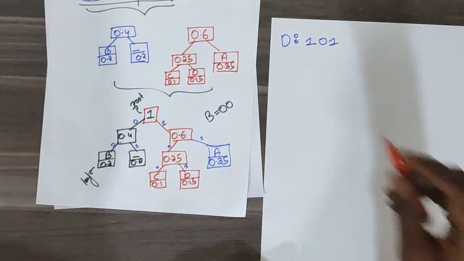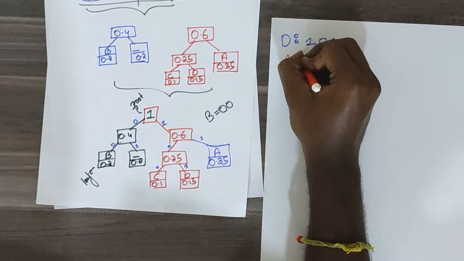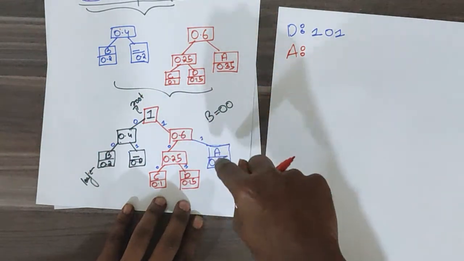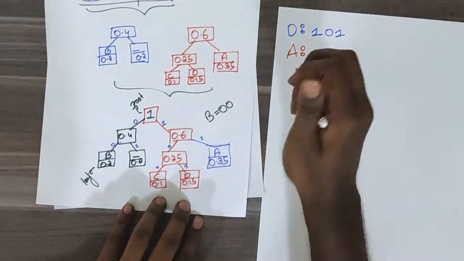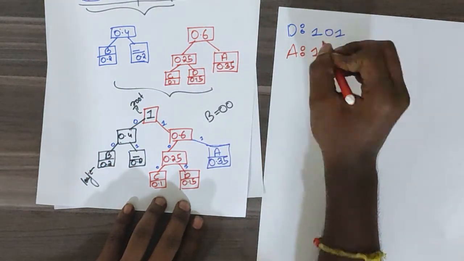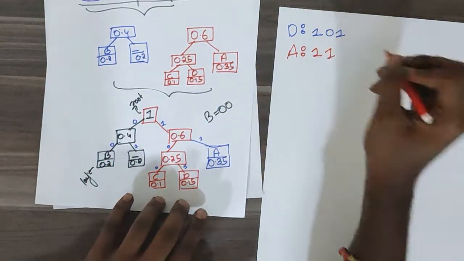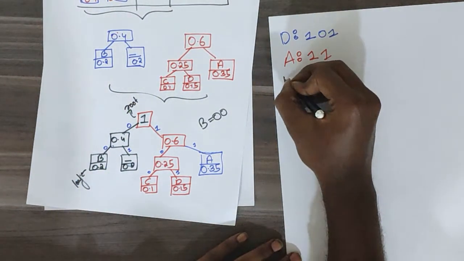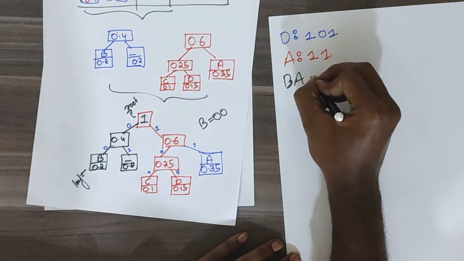And then let's take another example for A. For A we have to traverse from the root to the leaf, so we move to the right side, we get 1, again move to the right side, we get 1. So now we have these two letters. Let's write the string DAD.